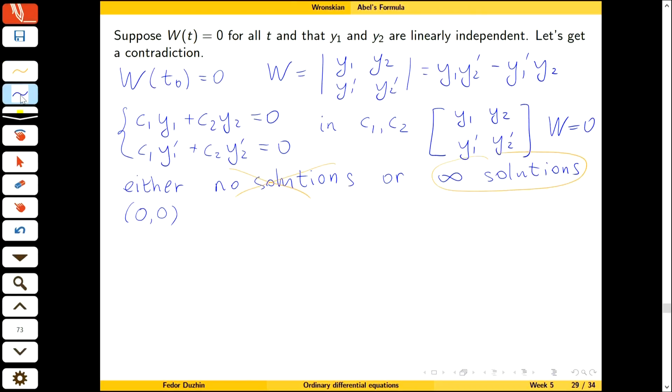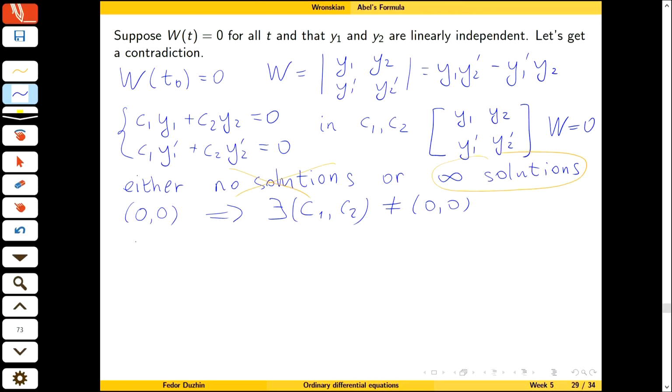So since there are infinitely many solutions, it means that at least one of them is not the 0 solution. So there exists a non-zero solution of this system of equations. Right? So let us take this C1 and C2 satisfying this property.